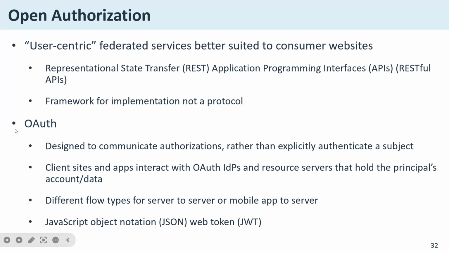You also have OAuth. So this is designed to communicate authorization rather than explicitly authenticate the subjects. So who has authorization for what? So you also have different flow types for server to server or mobile app to server. So this is very common for developers, JWT, and of course, JSON.